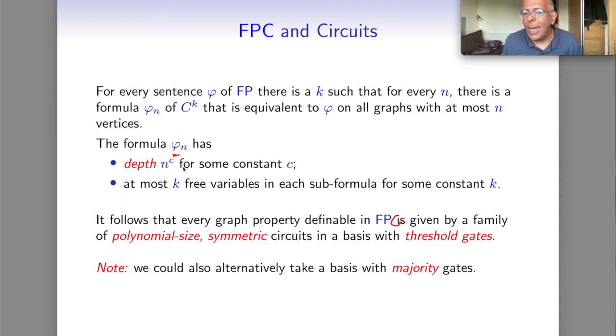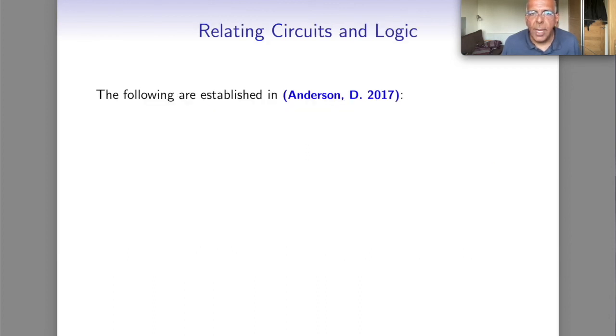But you can't do away with the majority or threshold gates altogether. It's possible to prove that any translation of threshold gates into and, or, not gates while keeping polynomial size must break symmetry. Okay, but we will stick to symmetric circuits with threshold gates.